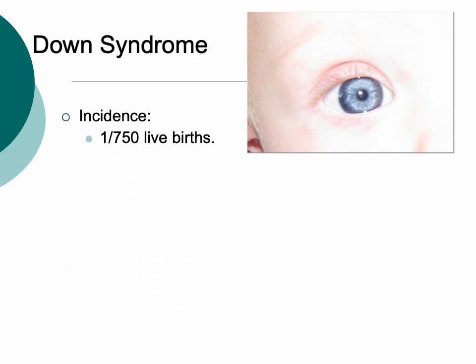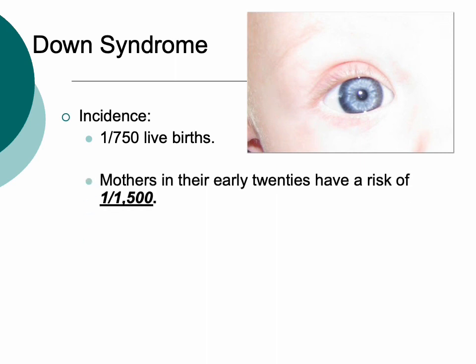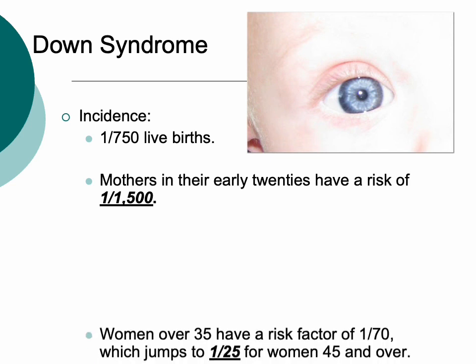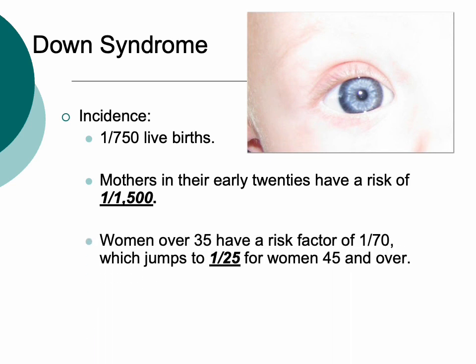The incidence of Down syndrome is 1 in 750 live births. Mothers in their early 20s have a risk of 1 out of 1,500 of having a child with Down syndrome. Women over 35 years old have a risk of 1 out of 70, which jumps to 1 out of 25 for women 45 years old and above.